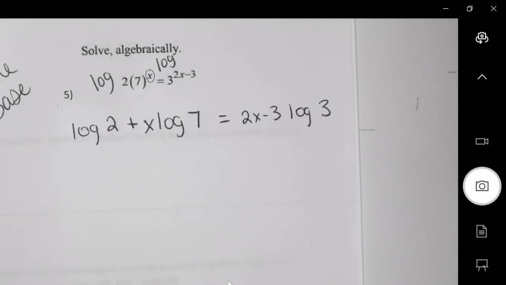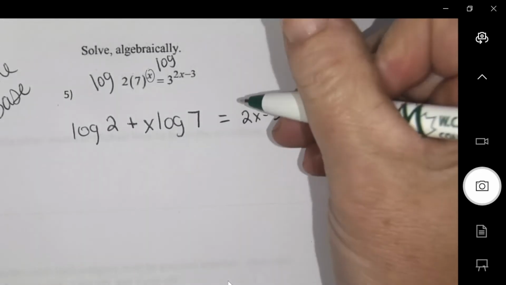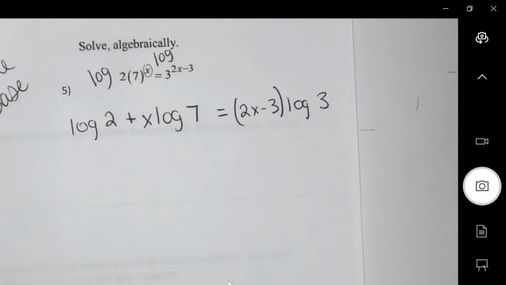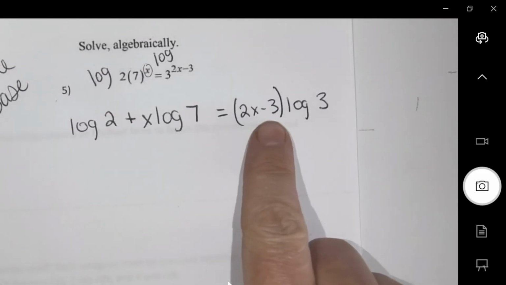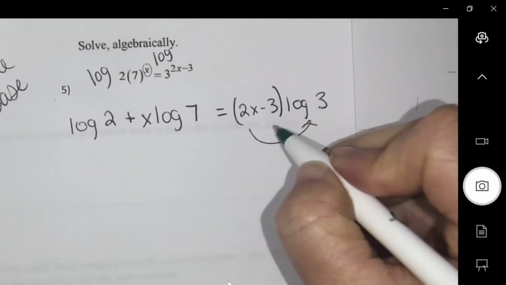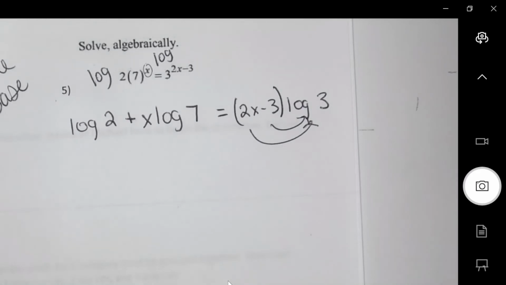I made a very common mistake on purpose because everybody seems to do it. X. I need brackets because it's the whole exponent in front of that. I don't want just the 3 in front of that. I want the whole exponent in front of it, which causes a what? A distribution.